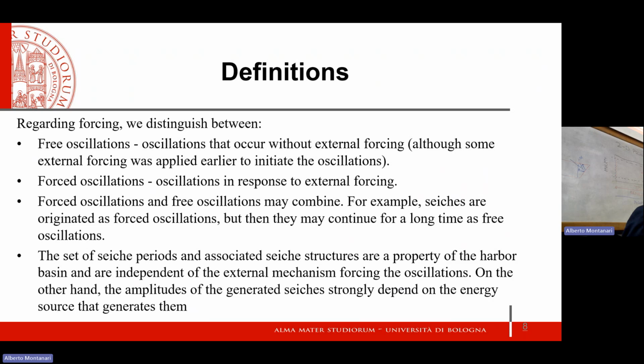The periodicity of the pendulum is a property of the pendulum, which is independent of the external forcing. On the other hand, the amplitude of the seiches that are generated depends on the external forcing. So the periodicity of the seiche is independent of the external forcing, but the amplitude of the seiche depends on the external forcing. Okay.